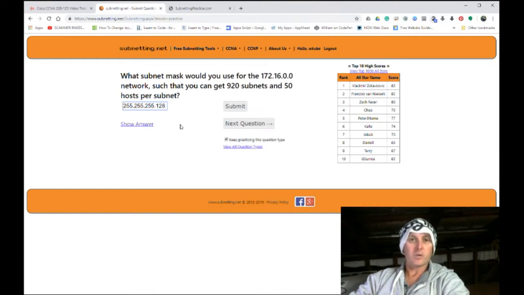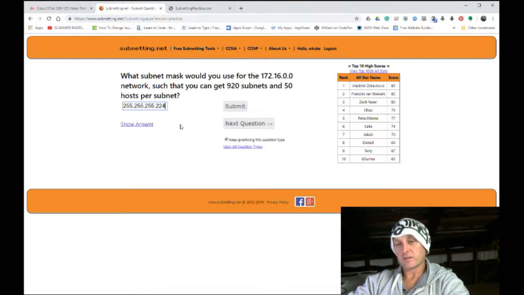That will give you 126 hosts. If you go 192, that will give you 62 hosts with a block size of 64. 128 will give you 126 hosts with a block size of 128. The next size up from 192 is 224, and that's a block size of 32. If you go 32 plus 224, that will be 256.